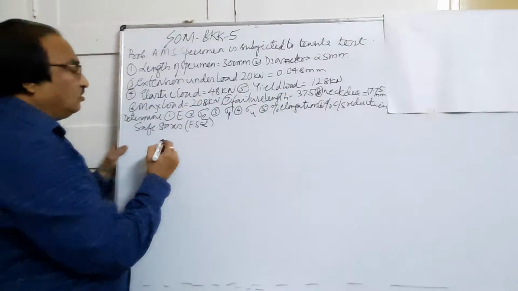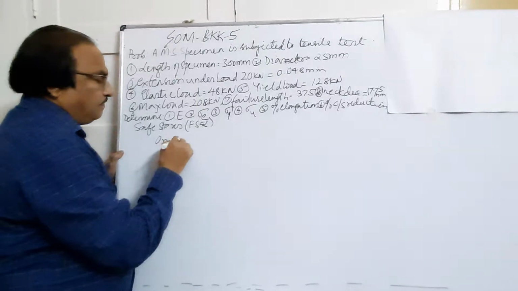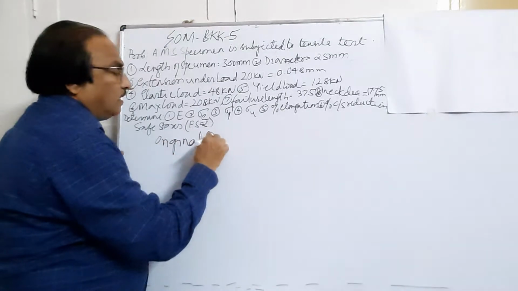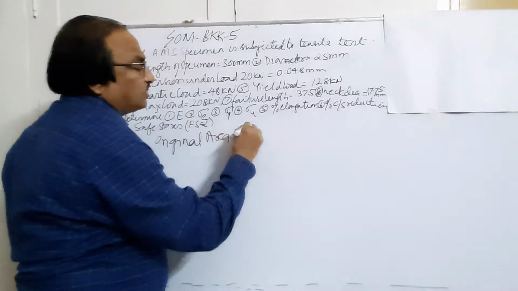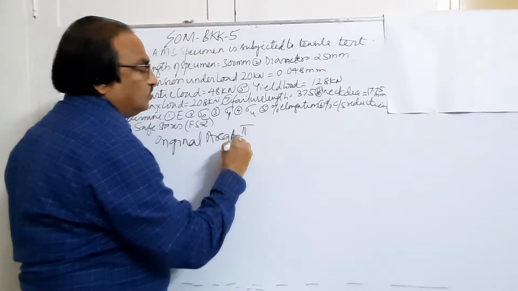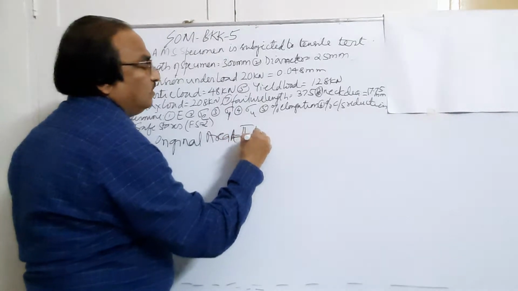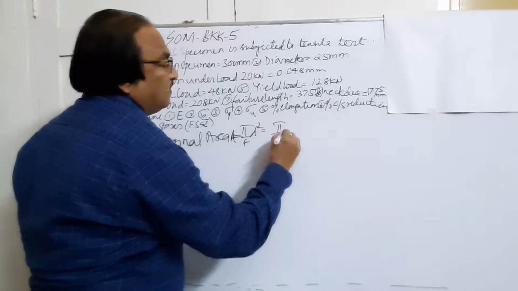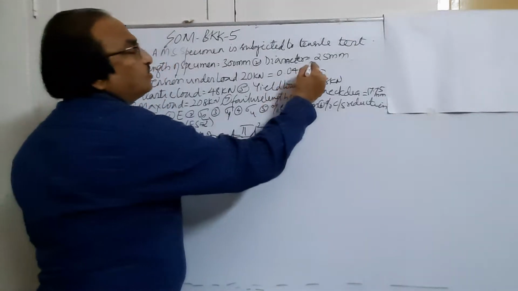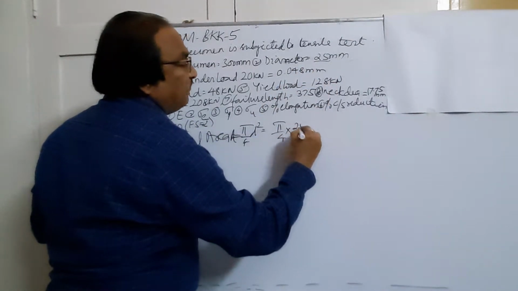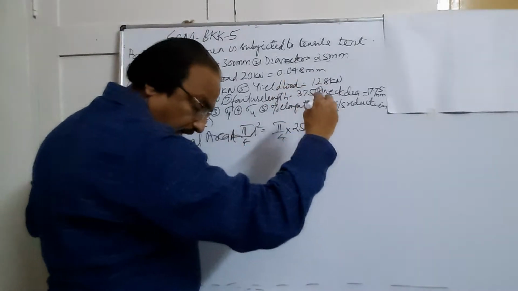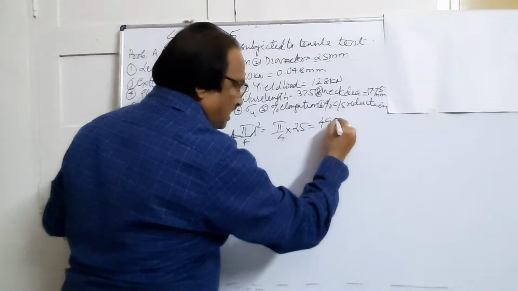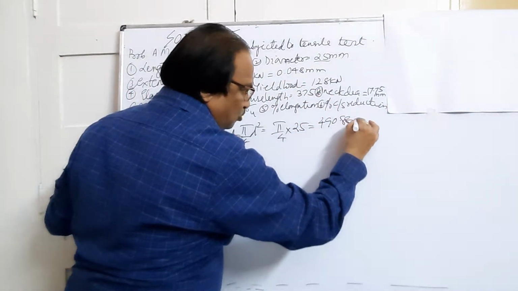First we will find the original area. It is a circular cross section, so A is equal to pi by 4 into d square, which is pi by 4 into the original diameter of 25 mm squared. If you simplify this, you get the area as 490.88 mm square.